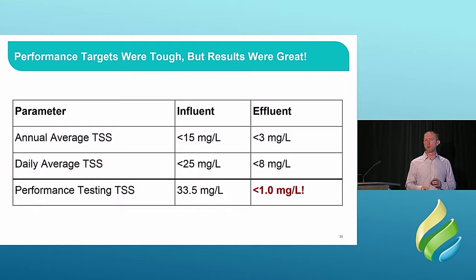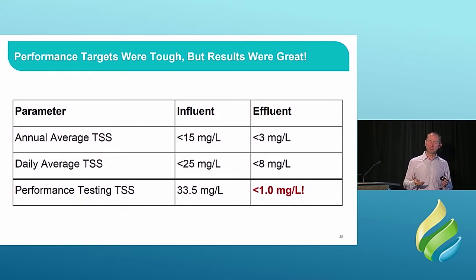And with that, we want you to give us an effluent back, annual average of less than 3 milligrams a litre. That's a pretty tight number. It didn't make us feel too comfortable, I'll be honest with you. That's the limit of what we would guarantee. That is right at the limit of this technology, 3 milligrams a litre effluent. They also had a daily number, so less than 25 in any one day, and then we were expected to meet less than 8 in our effluent.